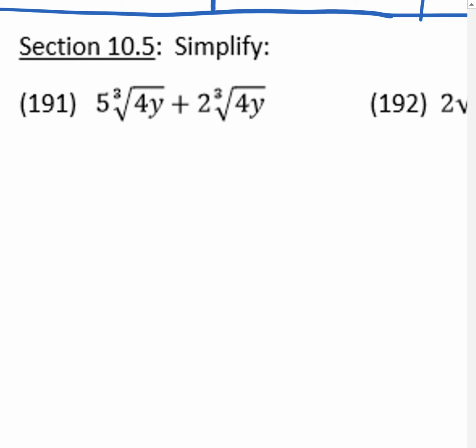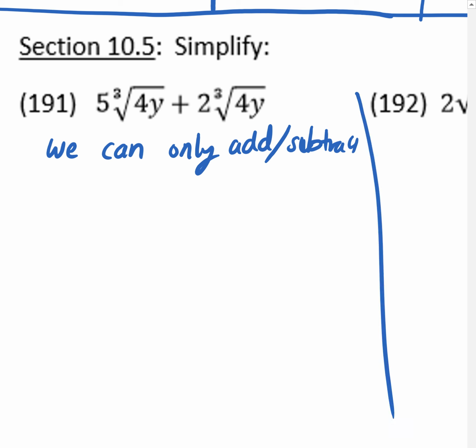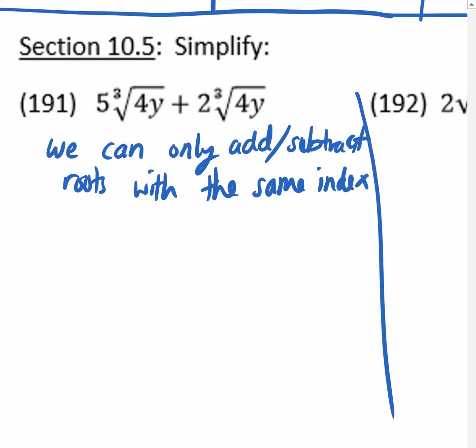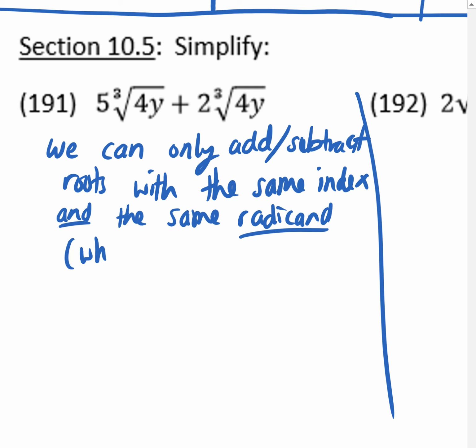So just remember that we can only add or subtract roots with the same index, first of all, and these do have the same index, they're both cube roots, but also the same, what they call radicand, which is what's inside the root.